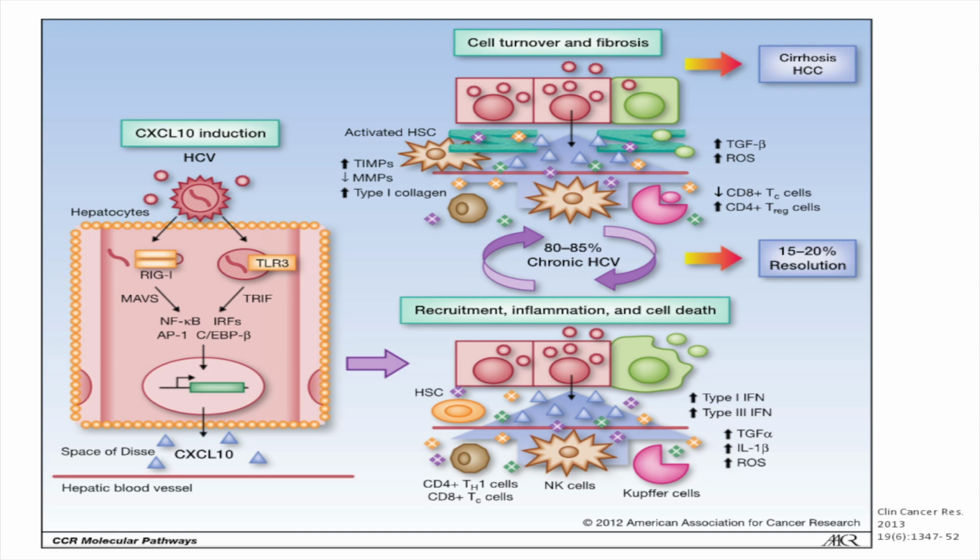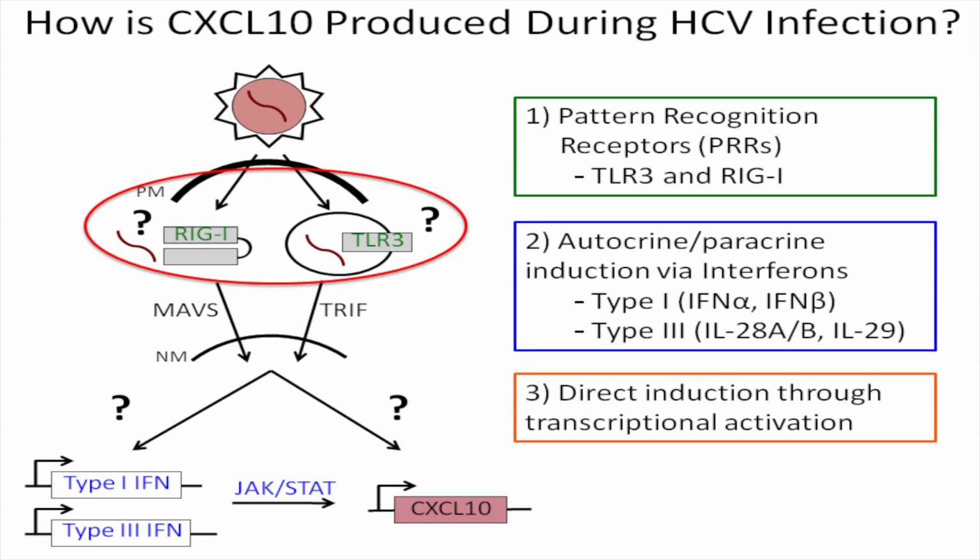So we really wanted to explore in detail how CXCL10 is produced during HCV infection. And so we want to figure out how to get from here to here. We're focusing on RIG-I and TLR3 because these are known pathogen recognition receptors that sense HCV infection.